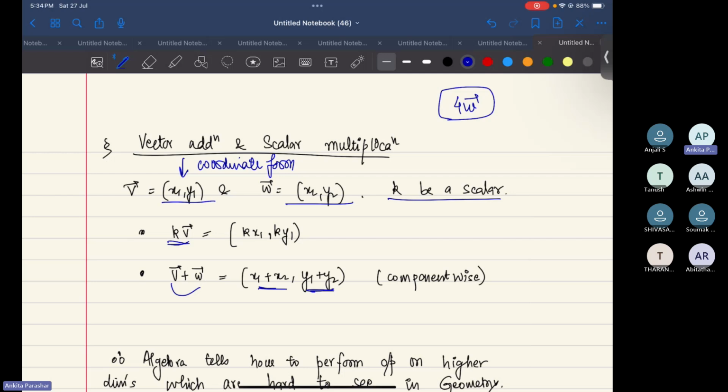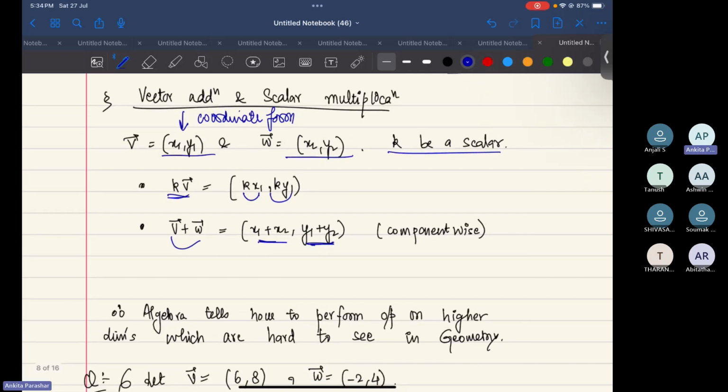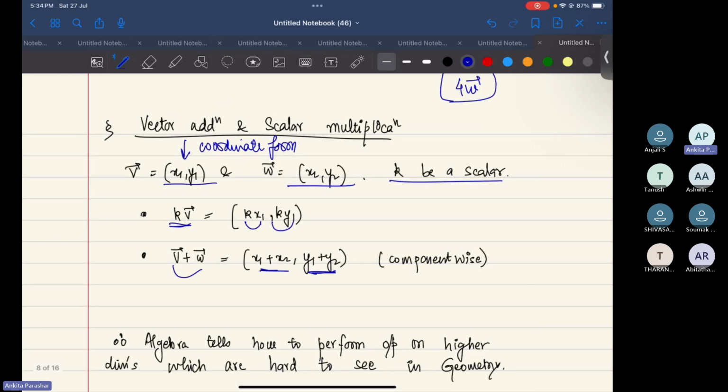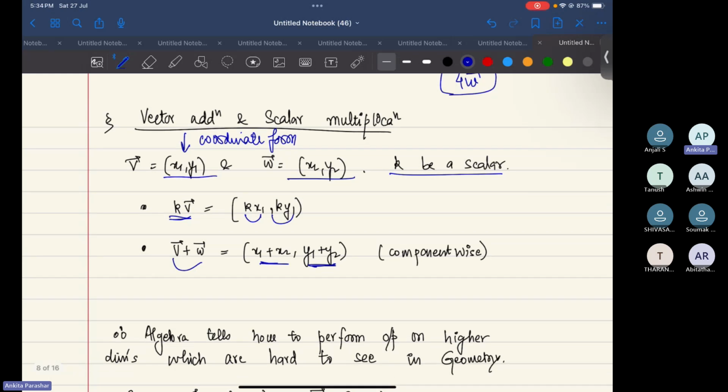Then I should know how to write it: you just scale both the components by k. If you want to write k times v, you scale both components by k. So algebra helps us perform operations in higher dimensions, which is sometimes very hard to see in geometry. This is why we perform operations like this.